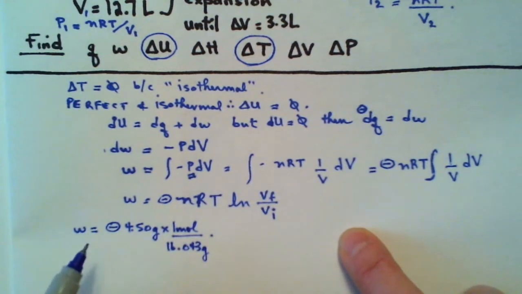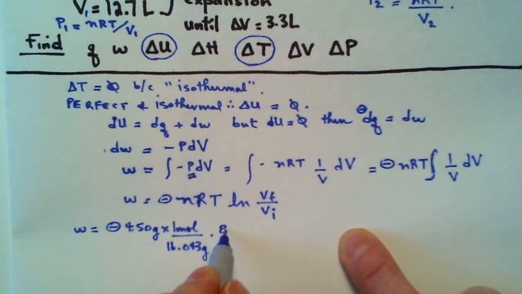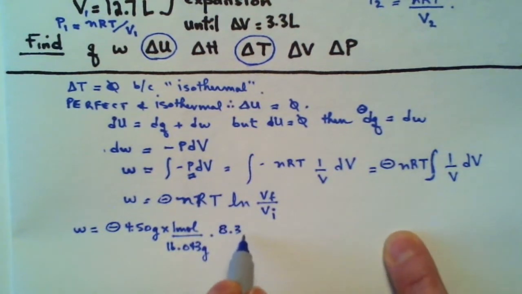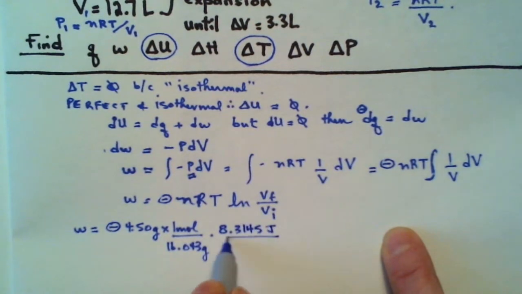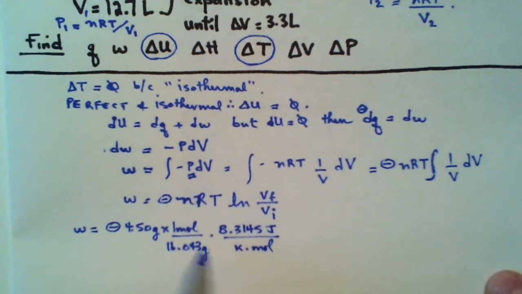Do you want one that is joule per K mole or liter atmosphere per K mole? You can't take the ln of something with units, so this part here is unitless. And I think you would agree it's 8.3145 joule per Kelvin mole.